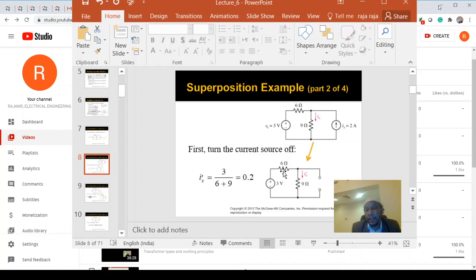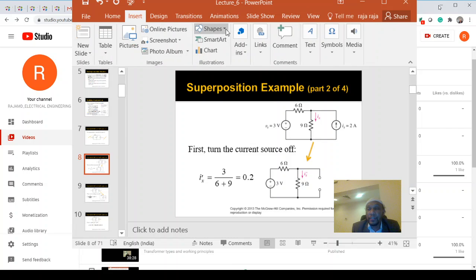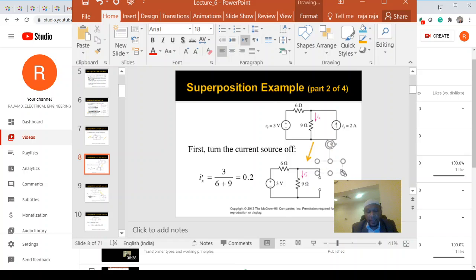Now let's see how I calculate the current, because if it is open, there is no current in this branch. If there is no current, it means I equals 0. So after opening, the current of this branch is I equal to 0, so there is no current in this branch.